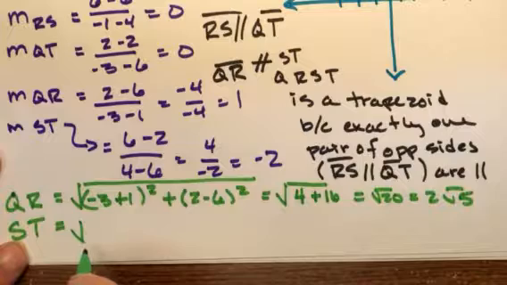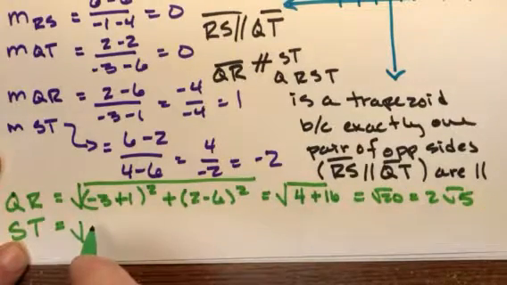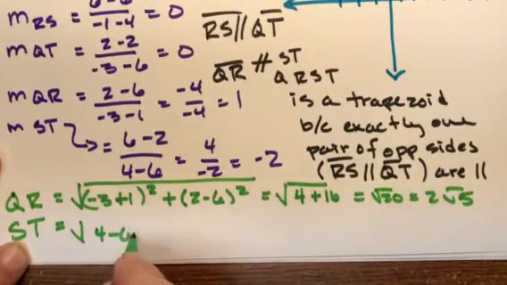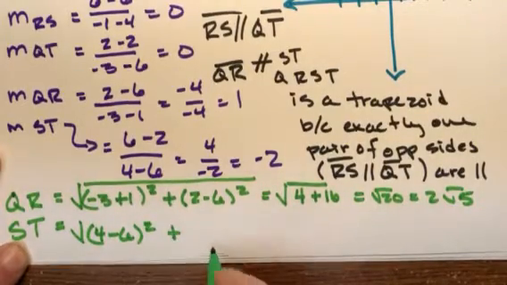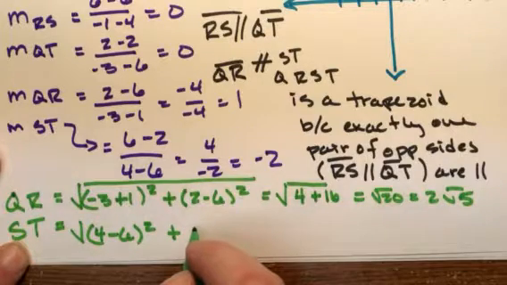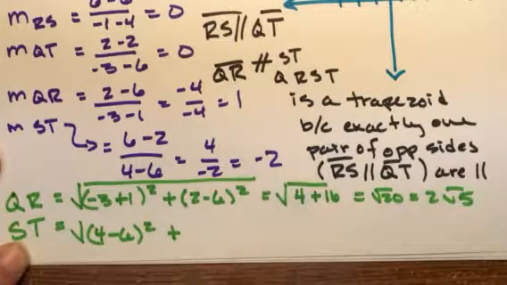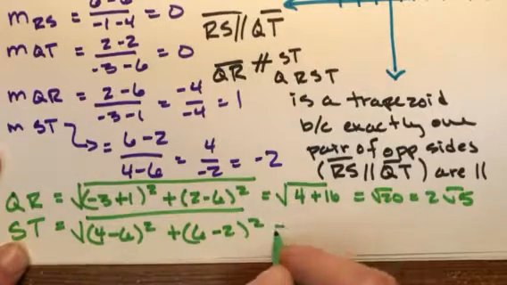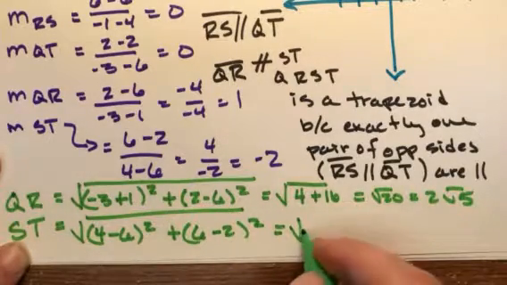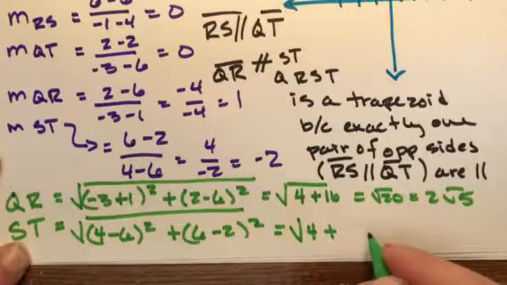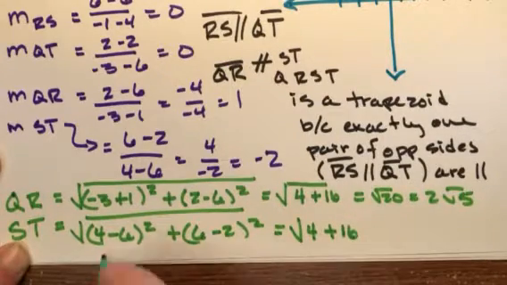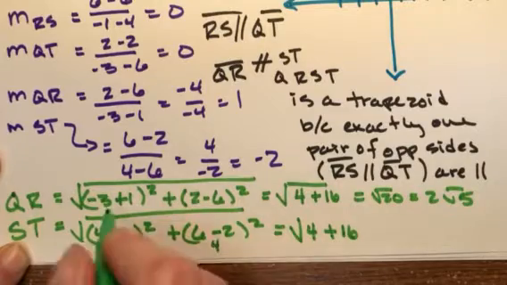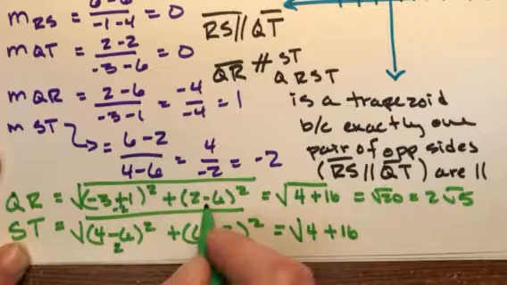Over here for ST, I'm going to do the difference between my x's and then the difference between my y's. So this is ST, 4 minus 6 squared and then 6 minus 2 squared. And that is the square root of 4 plus 16, because this is -2 and this is 4.